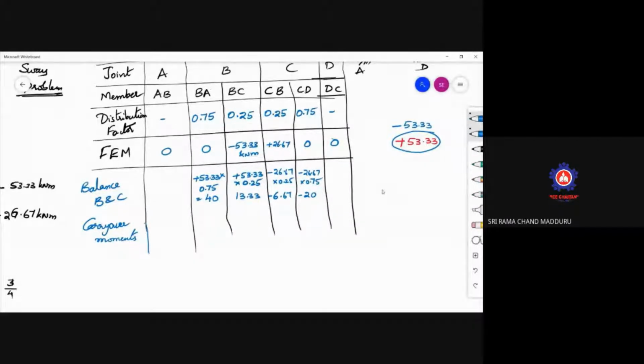So you need to understand from where to where the carryover moments will be there. Just see this once again. Carryover moments. For BA, the far end is nothing but AB. Why? Because if you go to the diagram, you will understand.